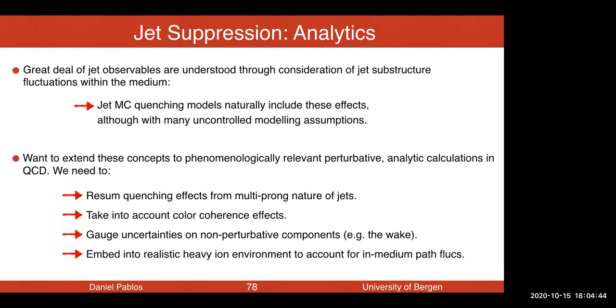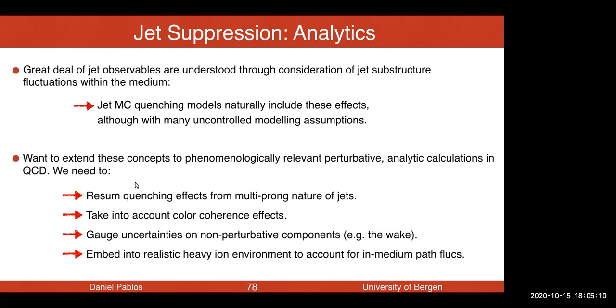So a jet is not just a single line, a single pattern that goes through the plasma, and then it has a radius, meaning if I radiate inside, it's not energy loss. If I radiate outside, it's energy loss. It's not that simple anymore. Jets are a collection of patterns that are propagating inside the plasma, and jets with different radius are different.